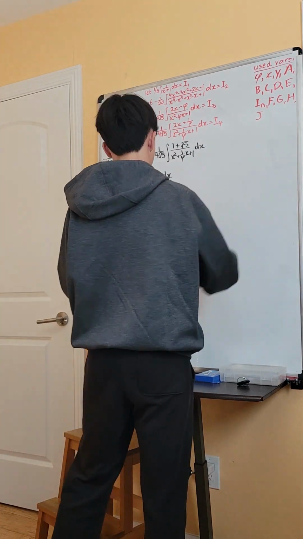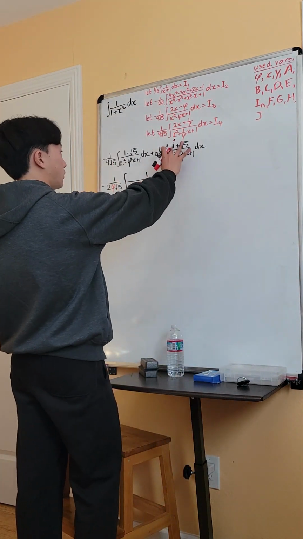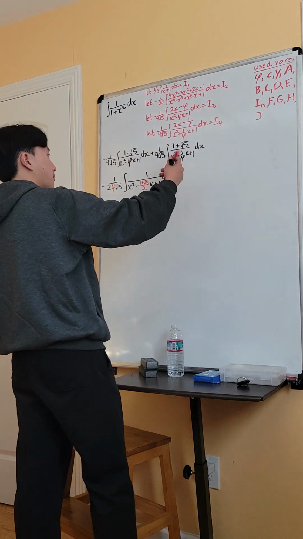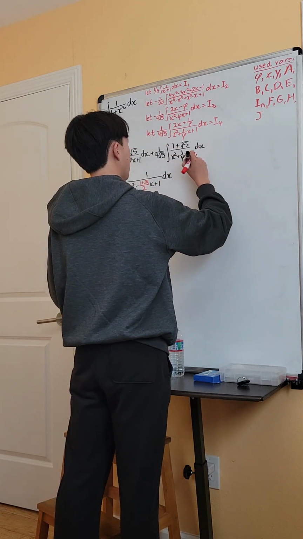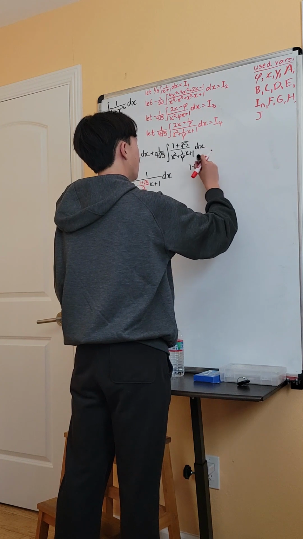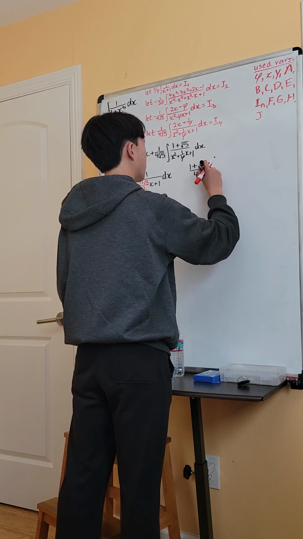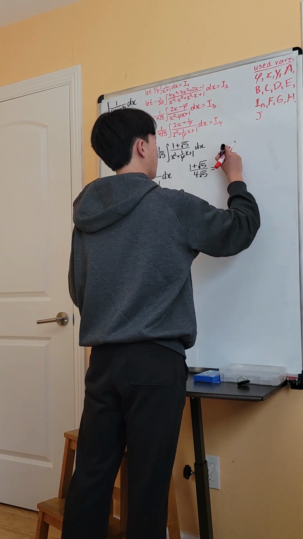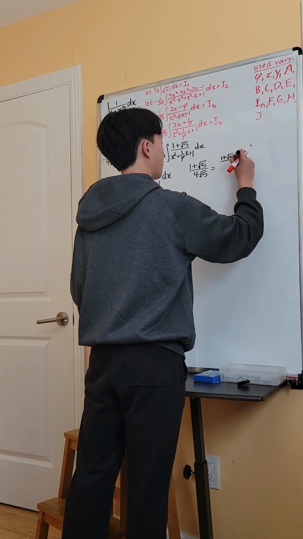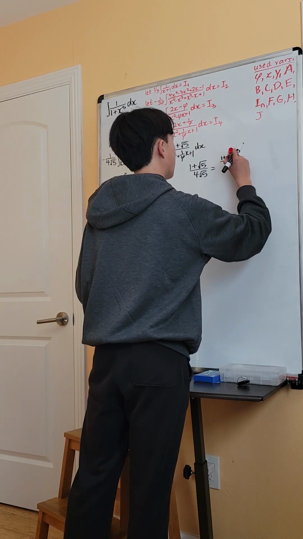Now we have to bring this outside and solve for the coefficient. So this would be 1 plus 5 over 4 times root 5, right? Divide both the top and the bottom by 2, or multiply the top by 2 and simultaneously divide it by 2.